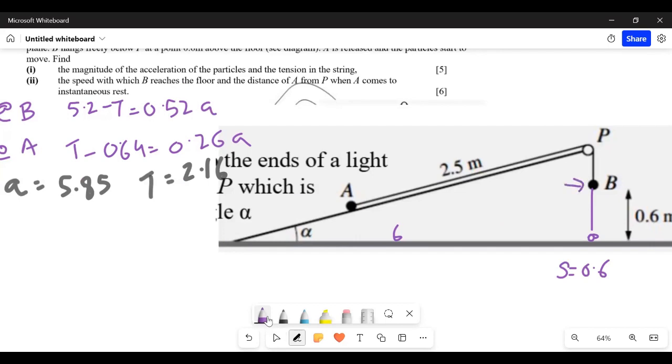B started off from rest, so U equals 0. Since the string is still stretched, because there hasn't been an impact of B with the floor yet, we're going to use the same acceleration, 5.85. Now we use these three to get V.